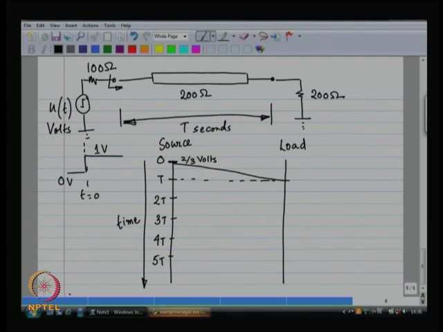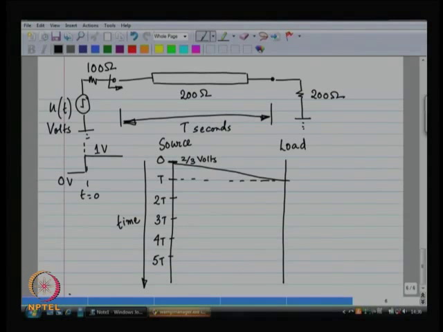And then when it hits the load, it is going to reflect something back and absorb something. How do we compute what it reflects back and what it absorbs? From the reflection coefficient. So, the reflection coefficient at the load for us, remember what the reflection coefficient is.